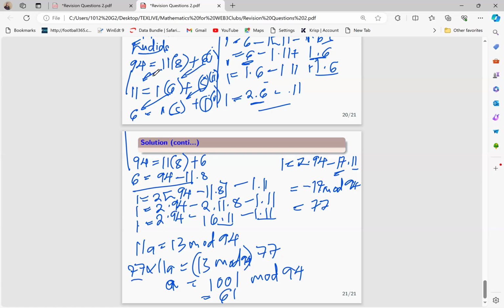You multiply on the left side of the equation, and then the right side of the equation. You multiply here and then you multiply here. Then this other one, you got 1001, which you then reduce mod 94 to give you 61. You multiply on both sides.